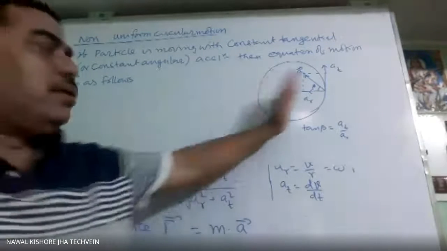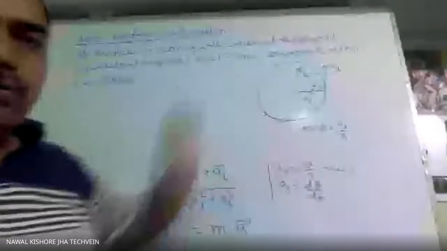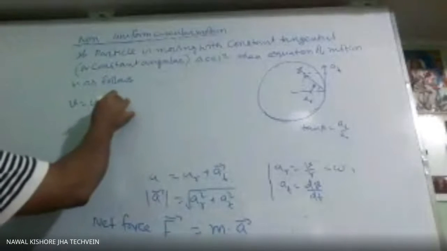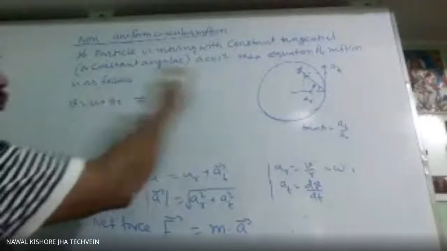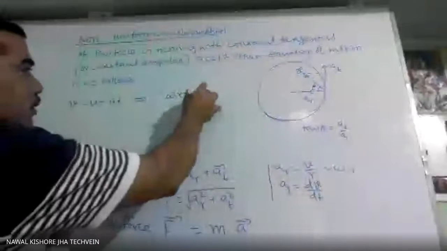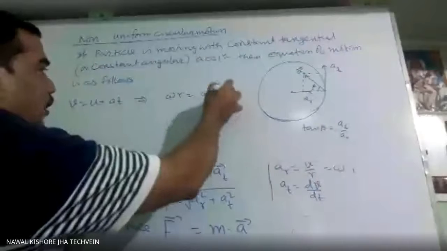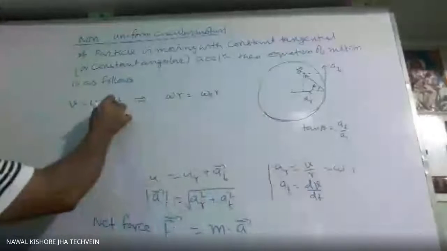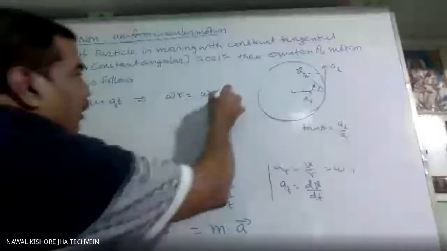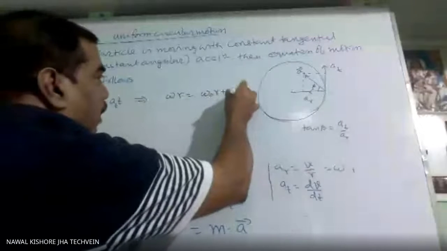If we want it in terms of angular quantities, what can it be? Suppose V equal to U plus AT. In place of this, what can we write? V is omega r. U is omega naught r. Here A means tangential acceleration, and the relation was alpha r.